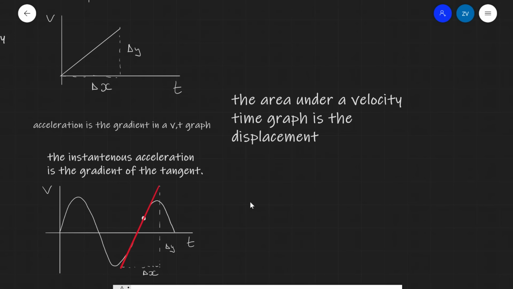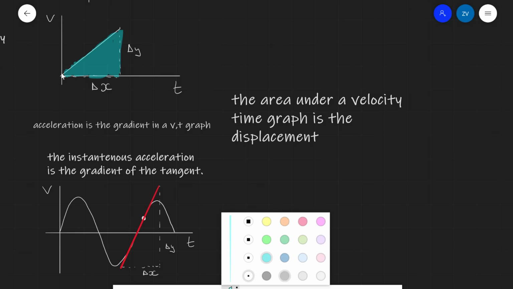Yet another really important fact that we need to mention is that the area underneath a velocity time graph is the displacement. So for instance, the total displacement in this situation will be given by the area underneath this graph, like so.